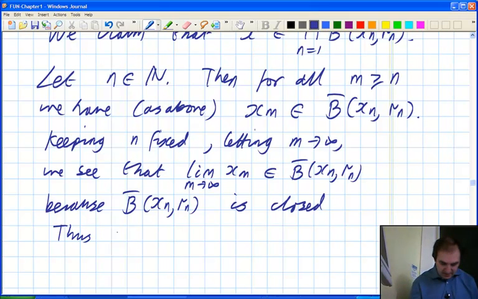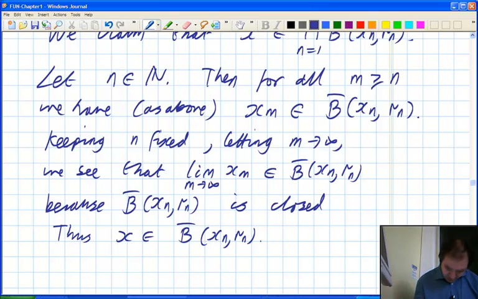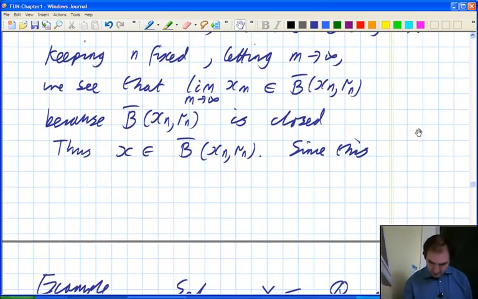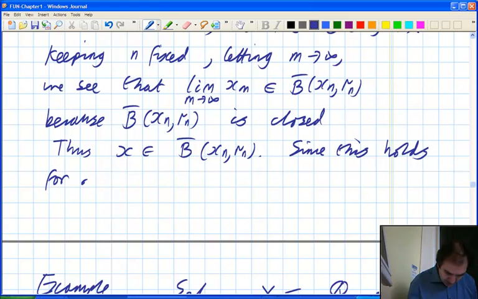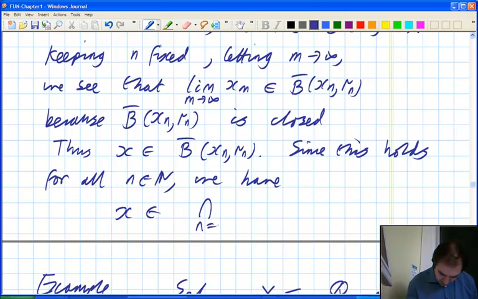That limit is, of course, x, so x is in that closed ball. But that was true for all natural numbers n, so we finished. So x is in the intersection of all the closed balls, which is what we wanted.